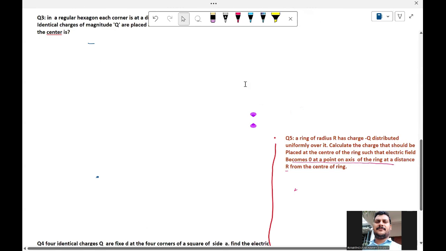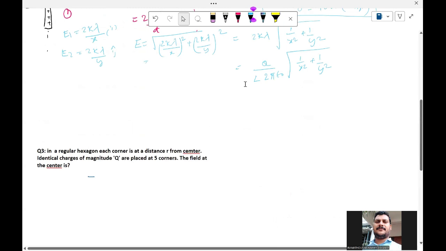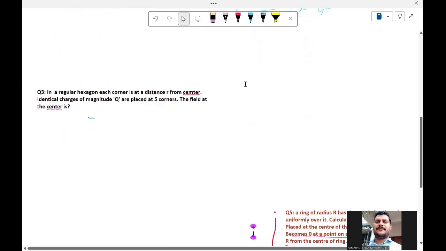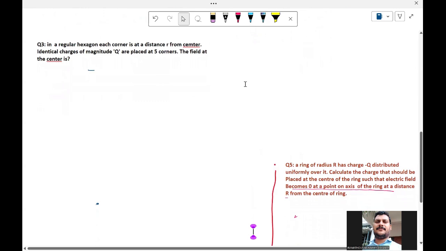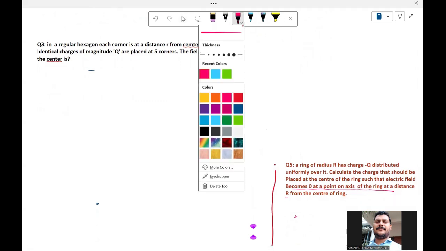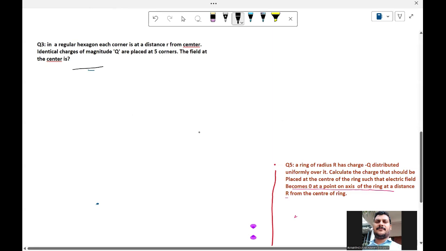Moving to the next question. In a regular hexagon, we see here, regular hexagon means the sides are equal.